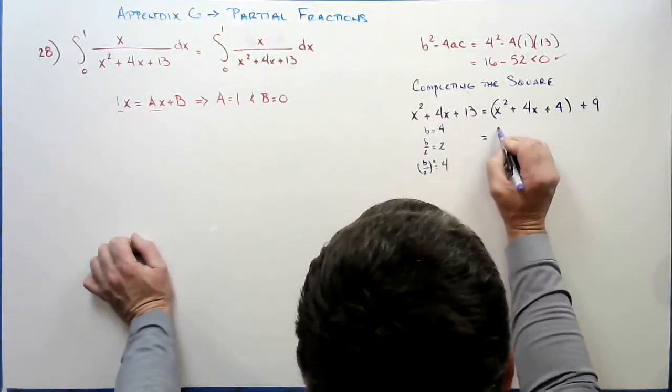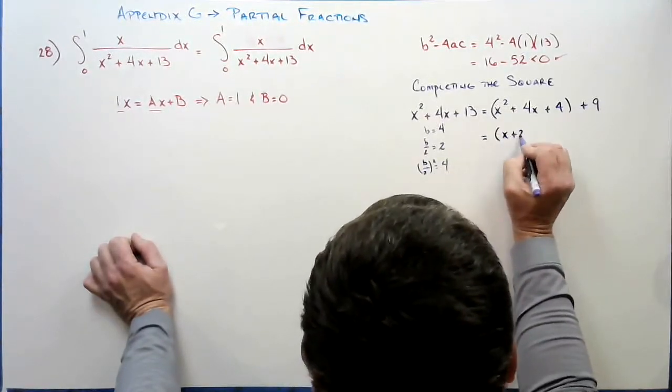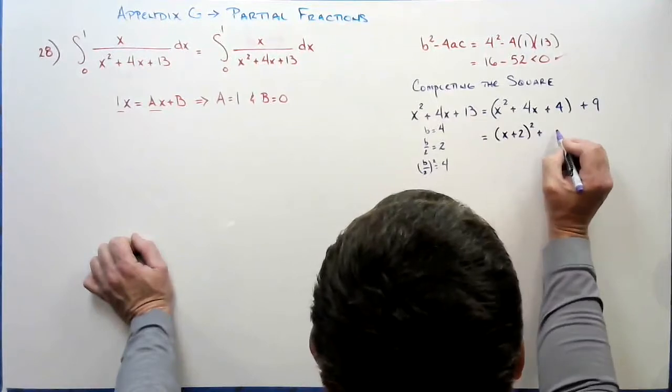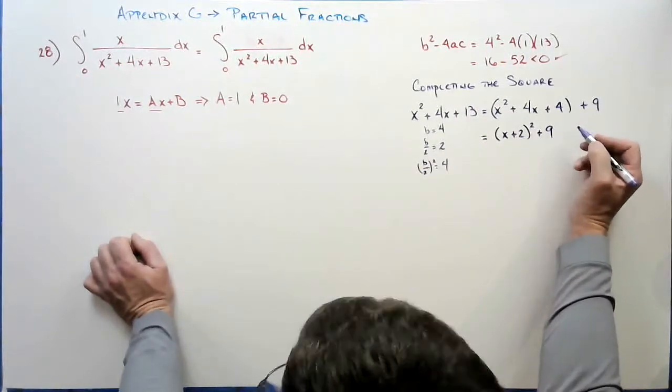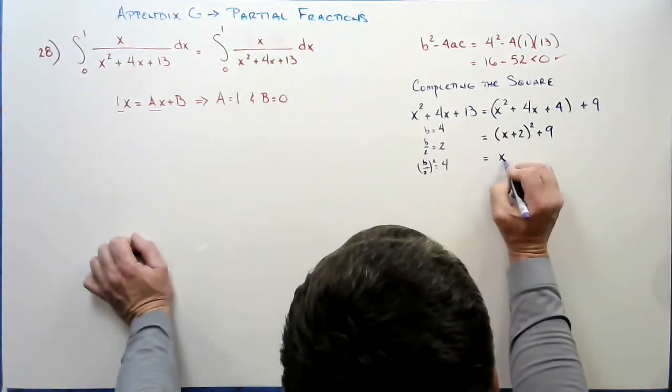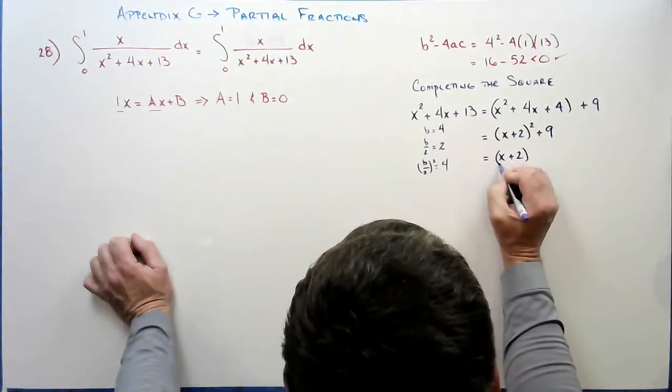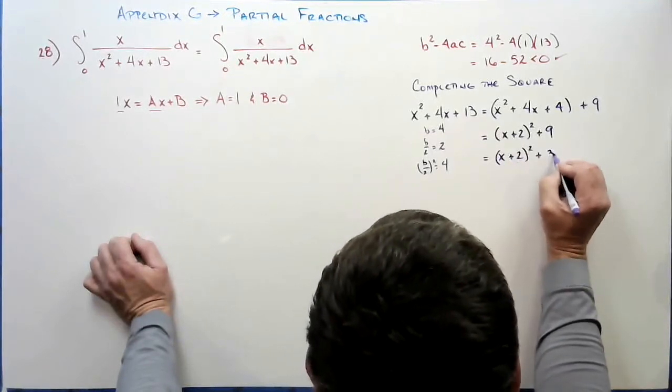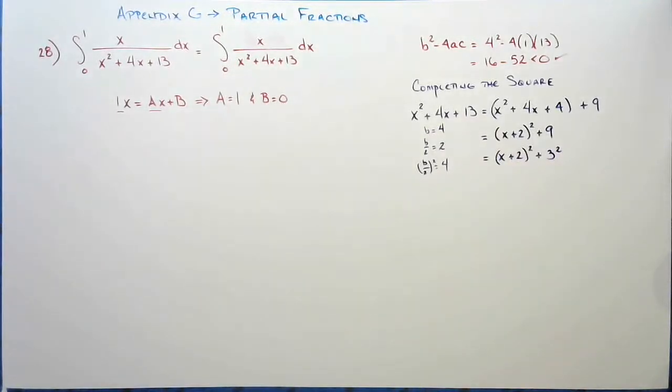And when we rewrite this, this is x plus 2 squared plus 9, or this turns into x plus 2 squared plus 3 squared. And now we should have bells and whistles going off in our heads saying to ourselves, hey, I think this is going to turn out to be an inverse tangent.